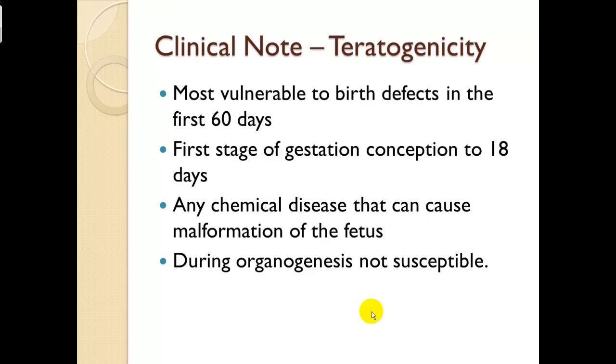Clinical note, teratogenicity. The embryo is most vulnerable to birth defects in the first 60 days. In the first stage of gestation, conception to 18 days is the most crucial. Any chemical or disease can cause malformation of the fetus during organogenesis.